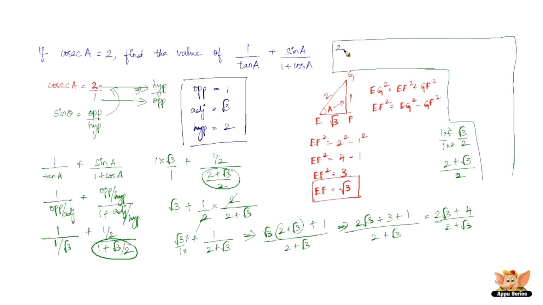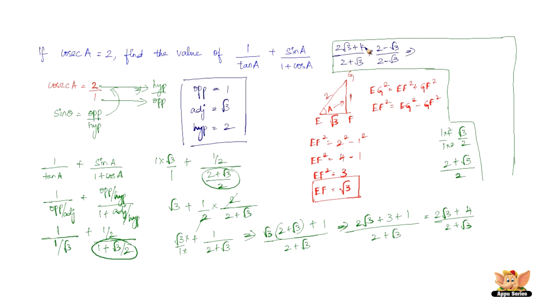So we've got 2 root 3 plus 4 divided by 2 plus root 3. Rationalizing is nothing but changing irrational into rational. That is rationalization. So multiply by 2 minus root 3 by 2 minus root 3.